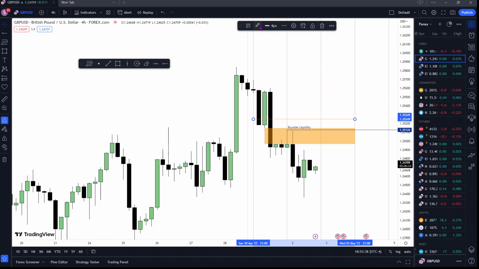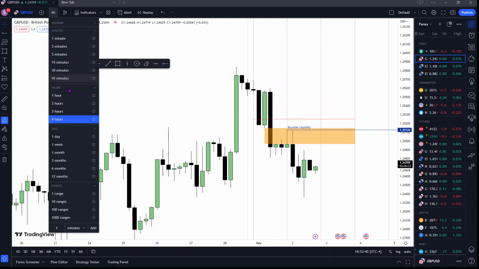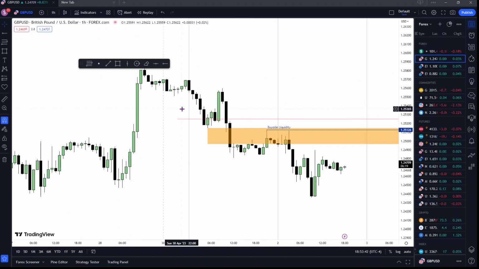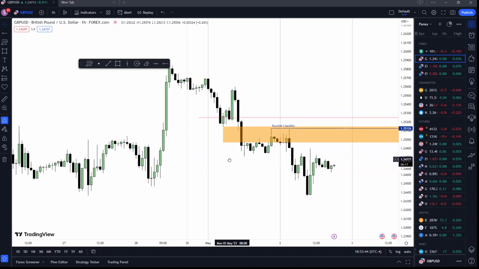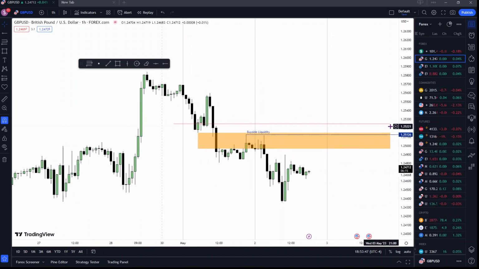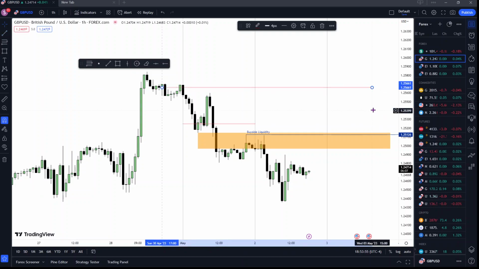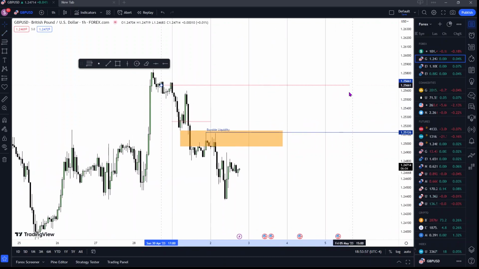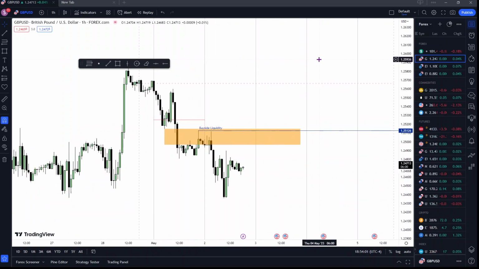So let's just make this a little bit more clear. I'm also going to mark out Sunday's open. That should have already been marked out, to be honest, but hey ho. There we go.